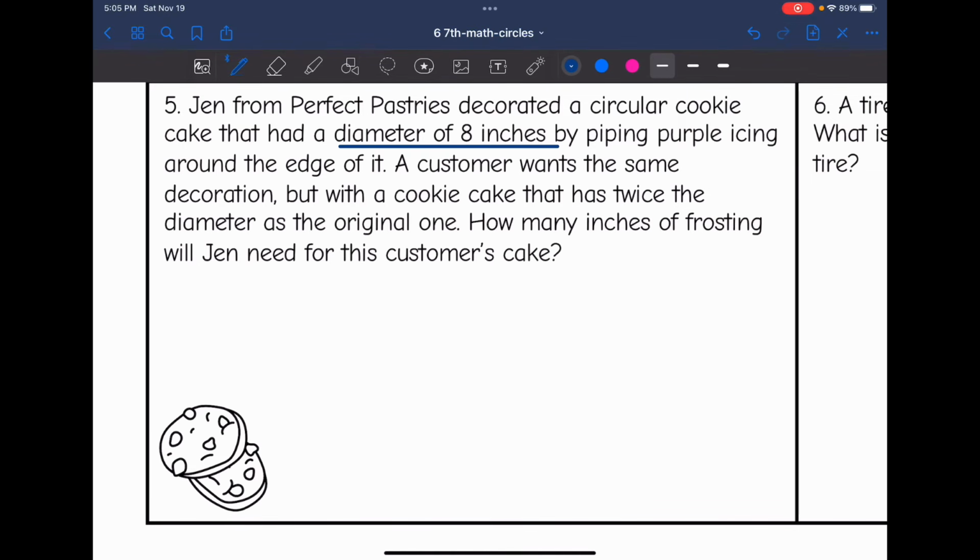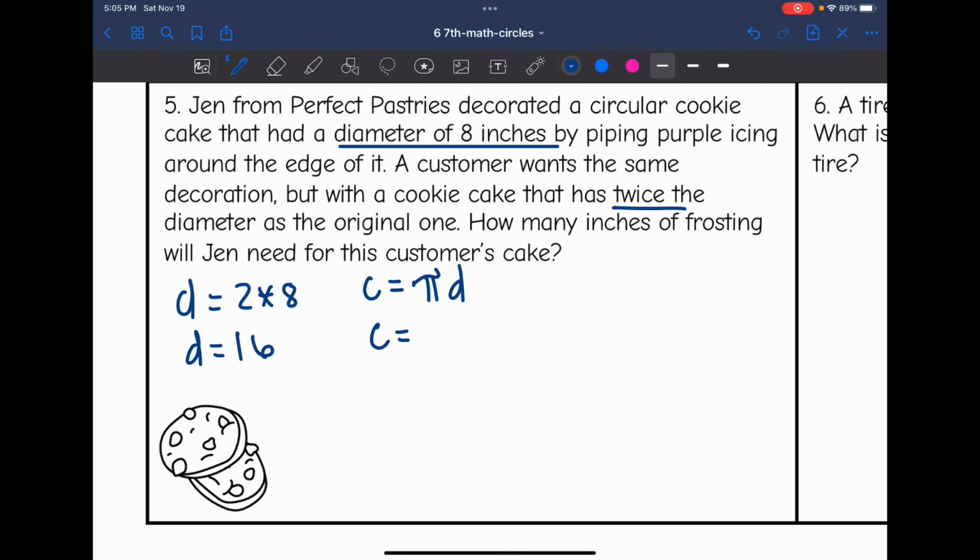So the original cake had a diameter of 8 inches, so the new cake is going to be twice that. So the new diameter will be 2 times 8, and 2 times 8 is 16. So now I'm going to find the circumference of this new cake by doing pi times the new diameter.